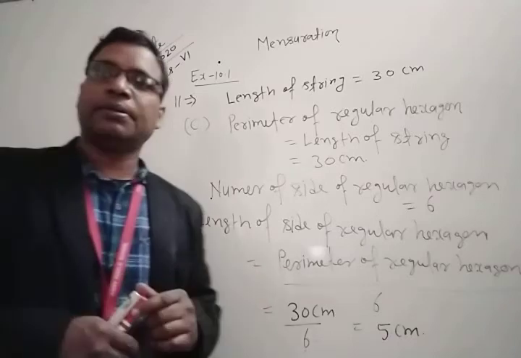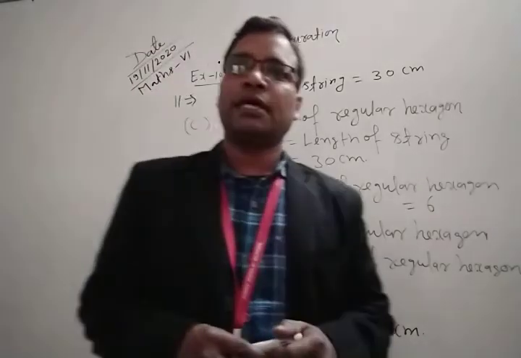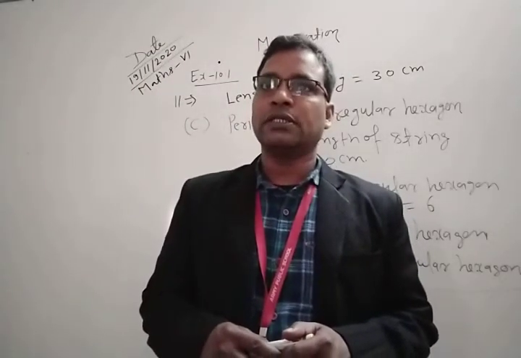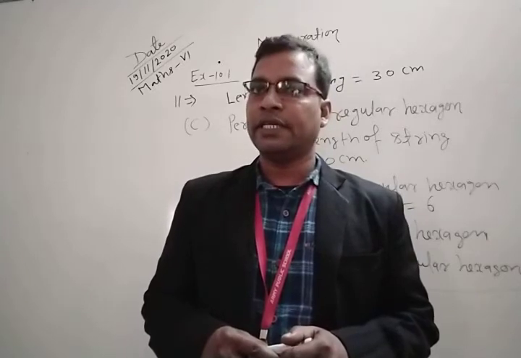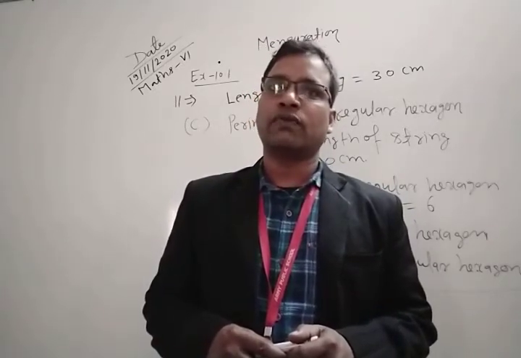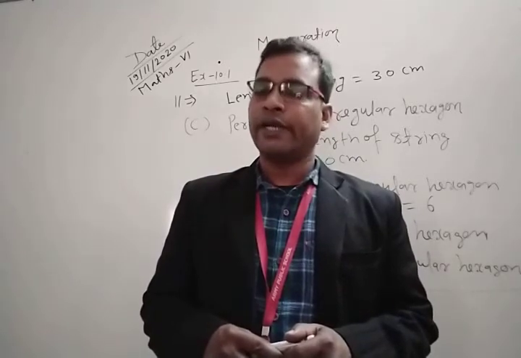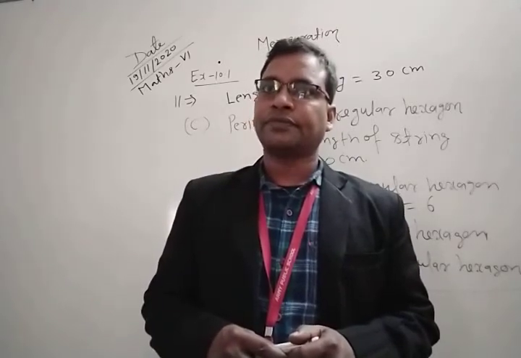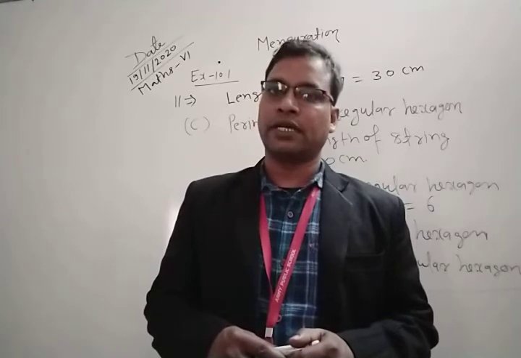In this question it is given that a piece of string is 30 centimeters long. What will be the length of each side if the string is used to form a square, an equilateral triangle and a regular hexagon?